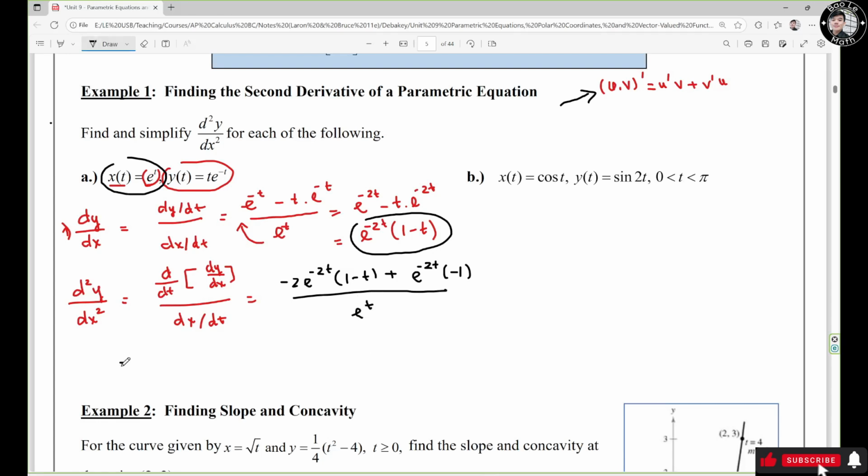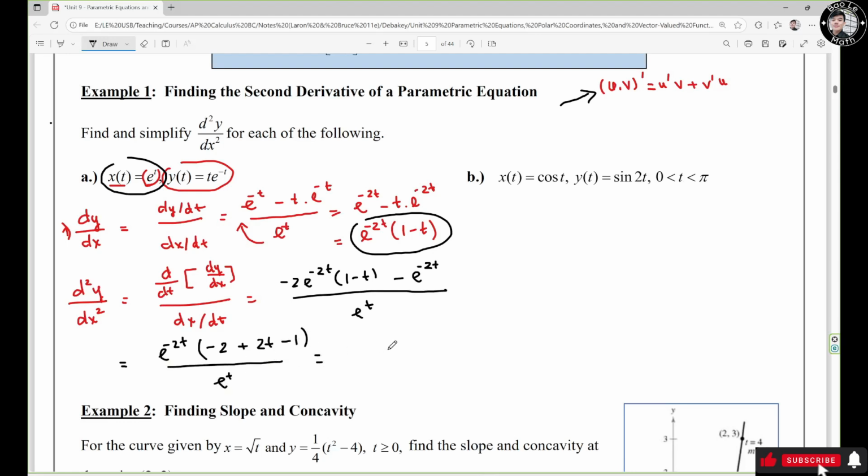Now I'm going to simplify the numerator. Negative 1 times this equals negative e to the negative 2t. I'm going to factor e to the negative 2t out. It's going to be negative 2, and then I distribute the negative 2 to this, so it's plus 2t, minus 1, over e to the t.